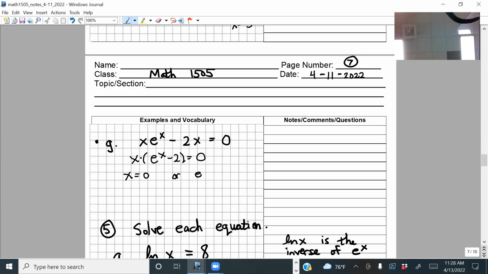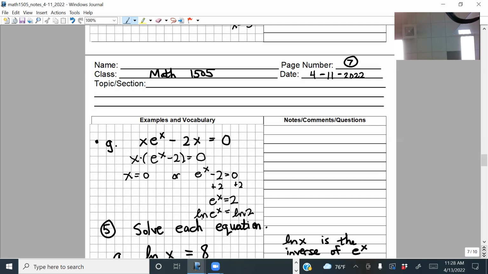Or e to the x minus 2 is equal to 0. So we just are left with solving this equation. I think add 2 to both sides, right? So you have e to the x is equal to 2. And now to get the x out of the exponent, take the natural log of both sides. So you have natural log of e to the x equals natural log of 2.